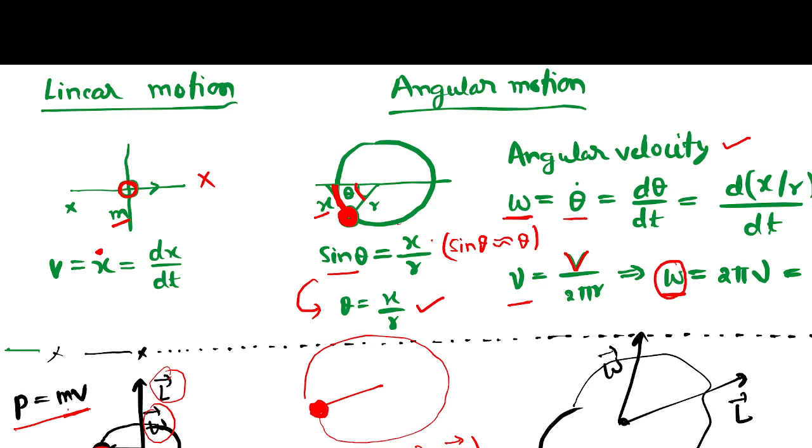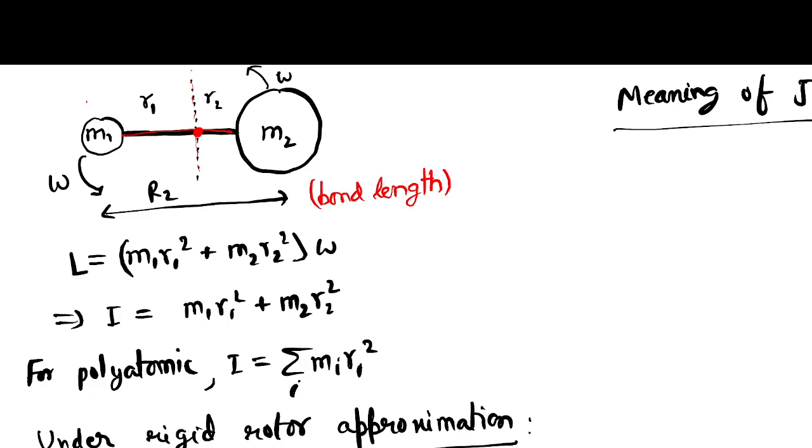So we saw for monoatomic, L is I omega. For diatomic, we can write the sum of I for particle 1 and I for particle 2, times the angular velocity omega. Let's say it's rotating like this.